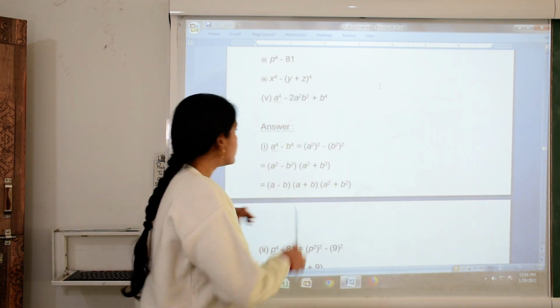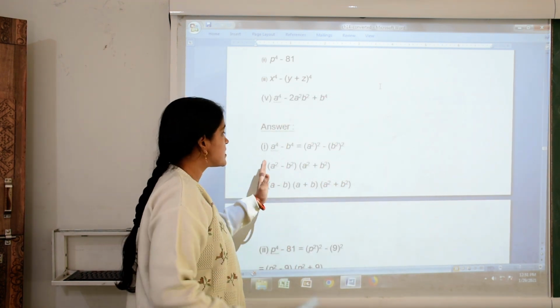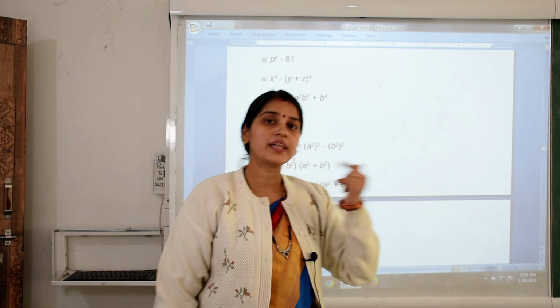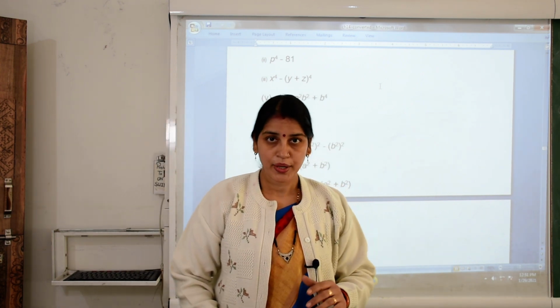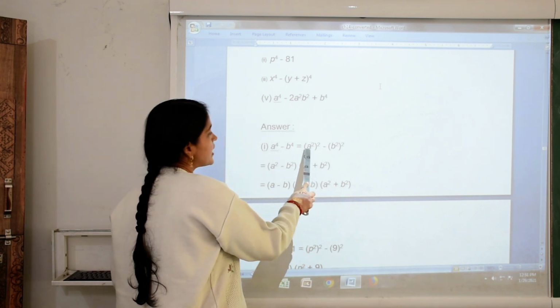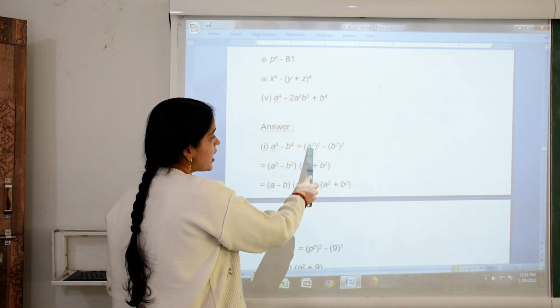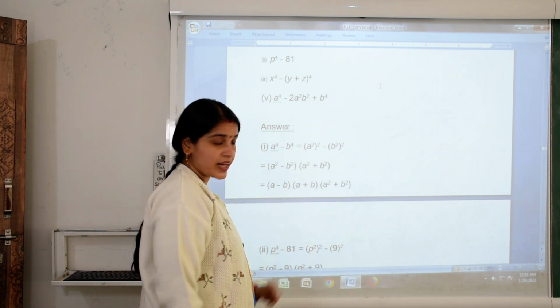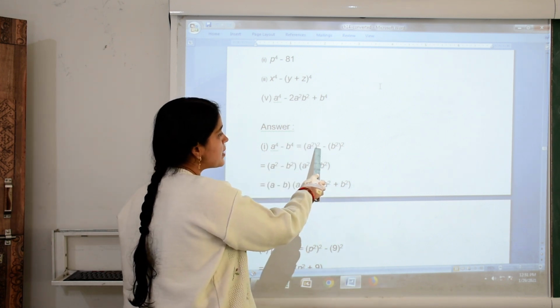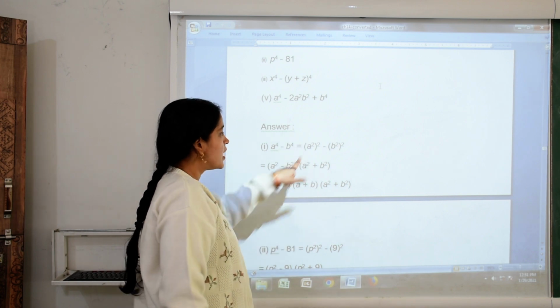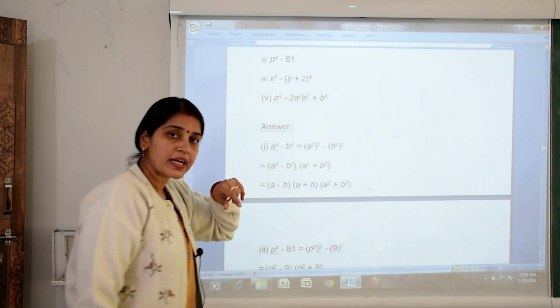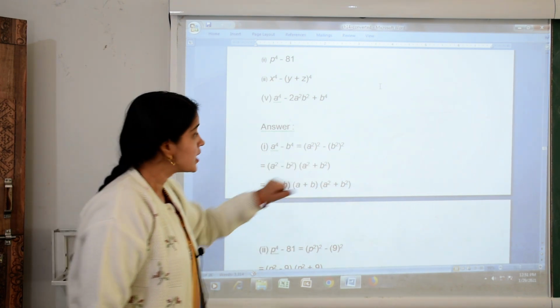So what do we have to do? First we convert this a to the power 4 into the form of a square. We can write a to the power 4 as a square whole square. The bracket means multiply, so this 2 into 2 again multiplies, and it becomes a to the power 4.